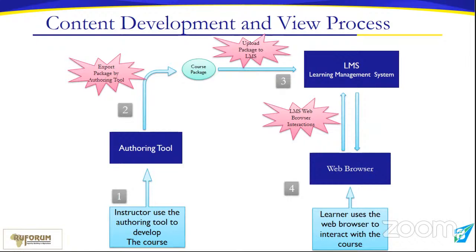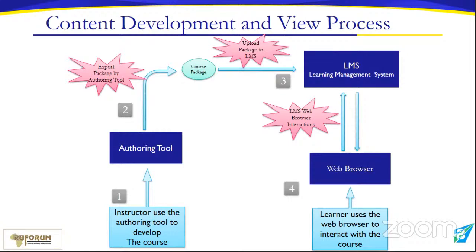Now, in uploading this to the LMS, as we shall see, we use what we call the SCORM packages. The SCORM package, that's what we use to be able to get to the other bit of our learning management system. And this presents our content that we just developed in a web format, in a website format. And this is what a student or a learner is supposed to access going forward.